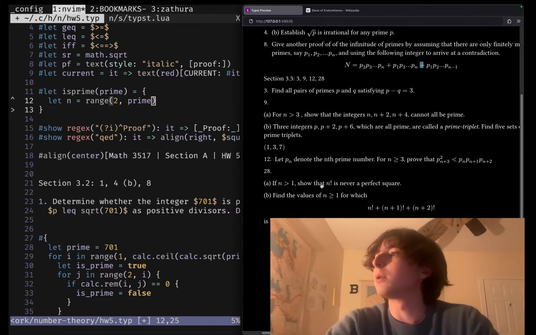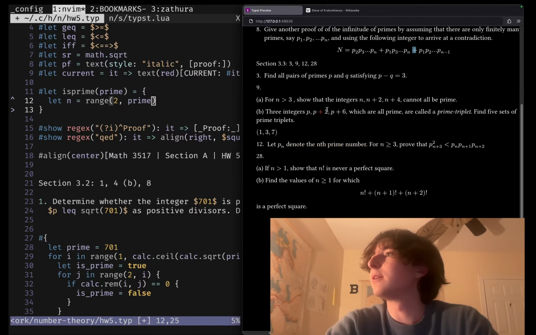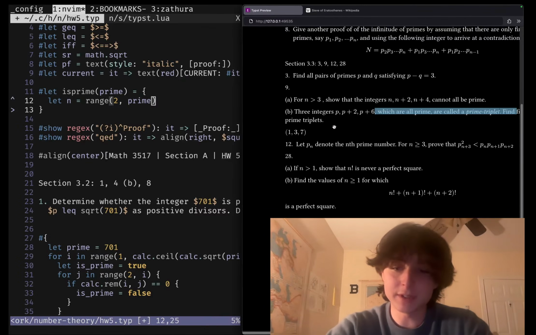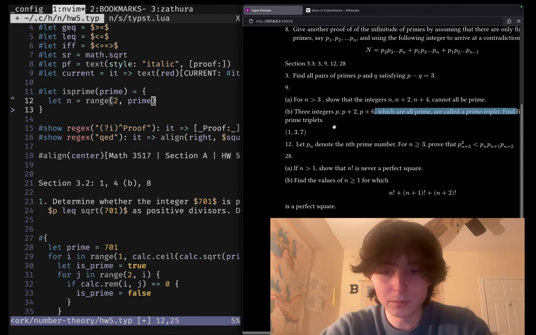So the idea of the problem is find all prime triplets. Well, 5 sets of them. But I can't be bothered to guess and check that.